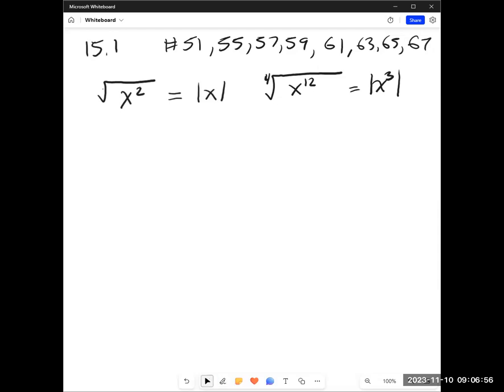So the book is trying to make it easy for you by making all the numbers positive, so you don't have to think about absolute value bars. That's okay for right now. I just want to show it to you. It is something that we have to think about later in pre-calculus and calculus. All right, we won't think about that anymore for this video though, so I'm going to get rid of that.